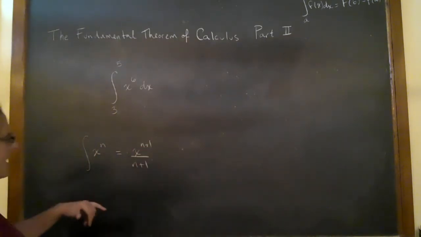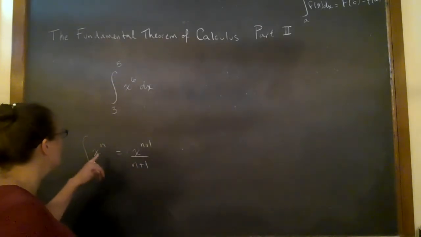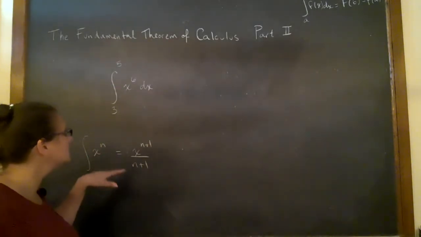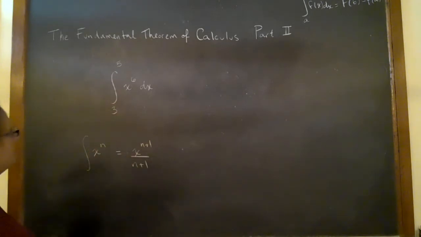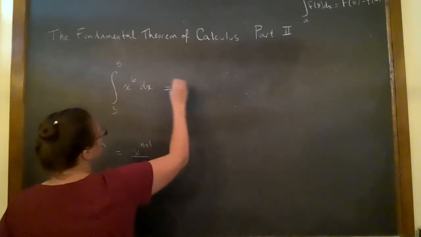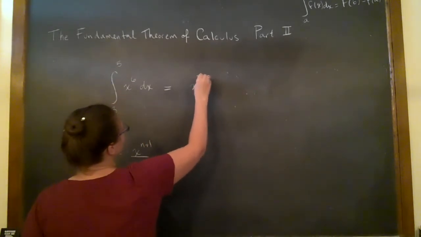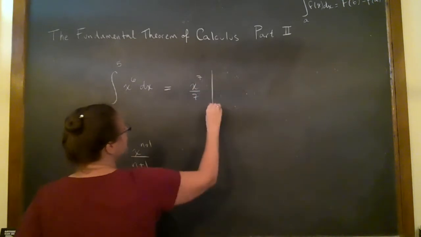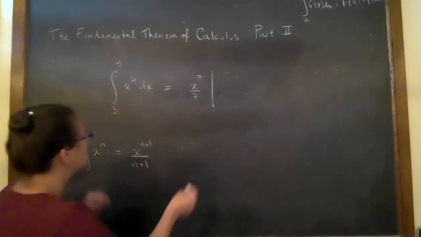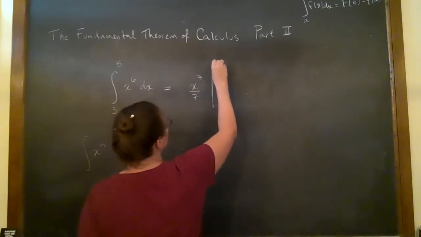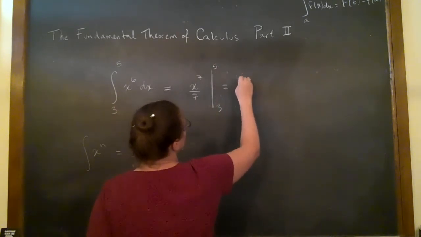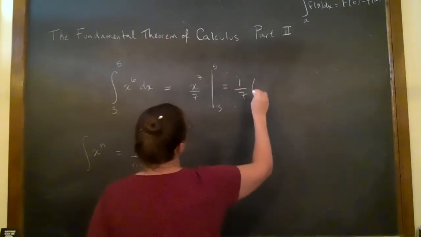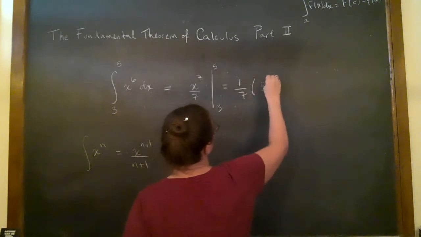If it's negative 1, you're out of luck, it's natural log, but that's a special case. Something like this, we just put it in here. We know that it's going to be x to the 7 over 7. And then the way you write that, of course, is the bar, you evaluate from 3 to 5. Okay, so I don't have any idea what this number is.